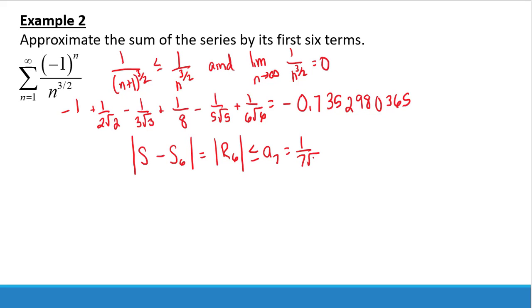So my sum minus the sum of these 6 terms is less than or equal to this 1 over 7 root 7.